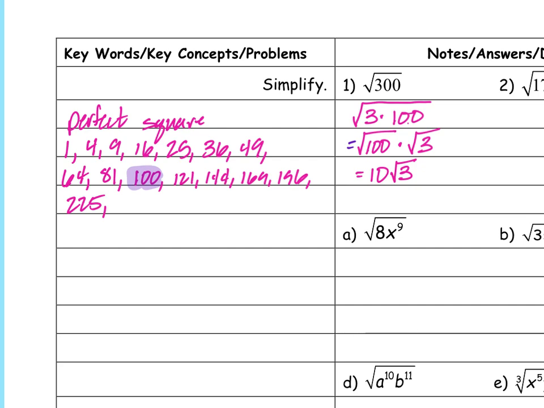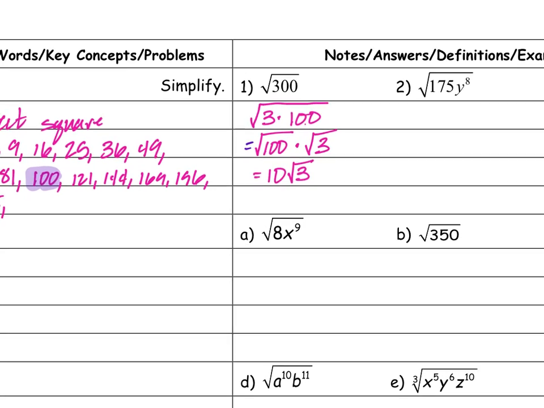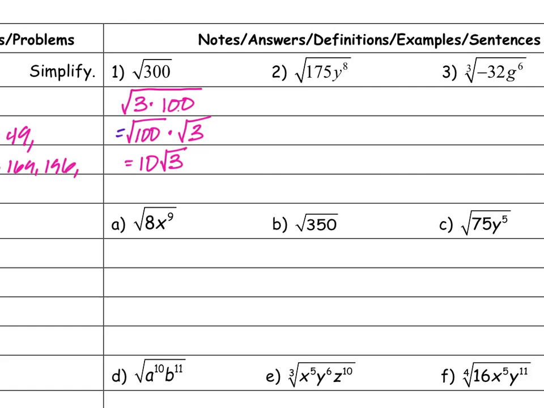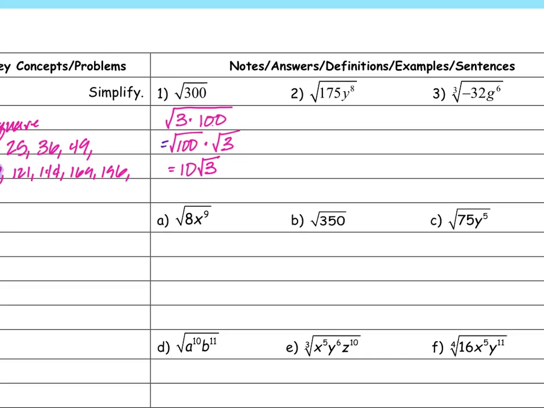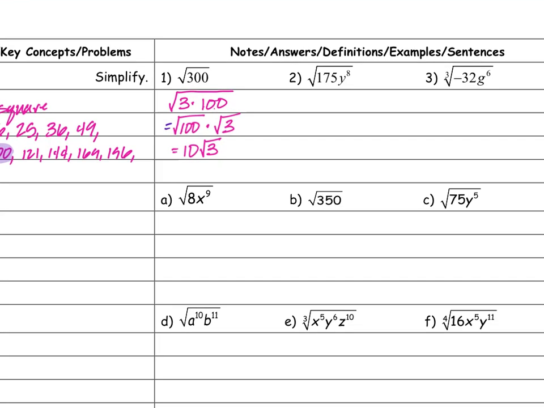Okay. So now we're going to go to the second one. I'm going to do the same thing, right? It's the square root of 175 y to the 8th. Only now I've involved a variable and an exponent. So I need to know what times what is 175. And again, I want to look at my perfect squares. I'll try and get them up on the board for you guys.